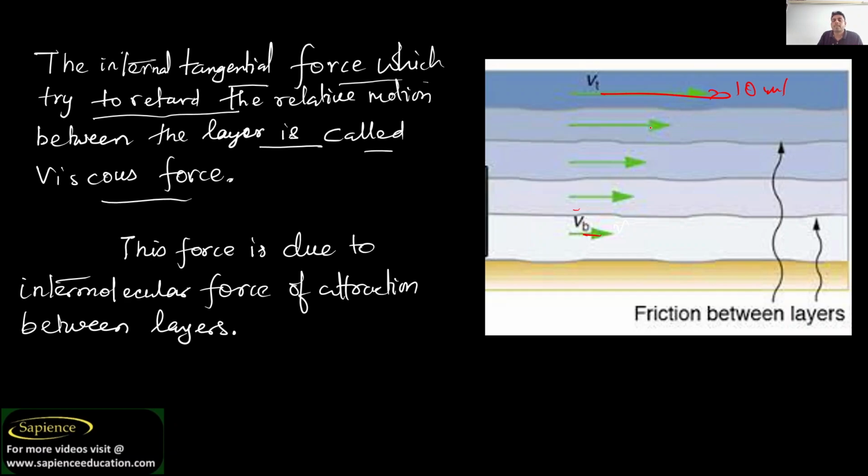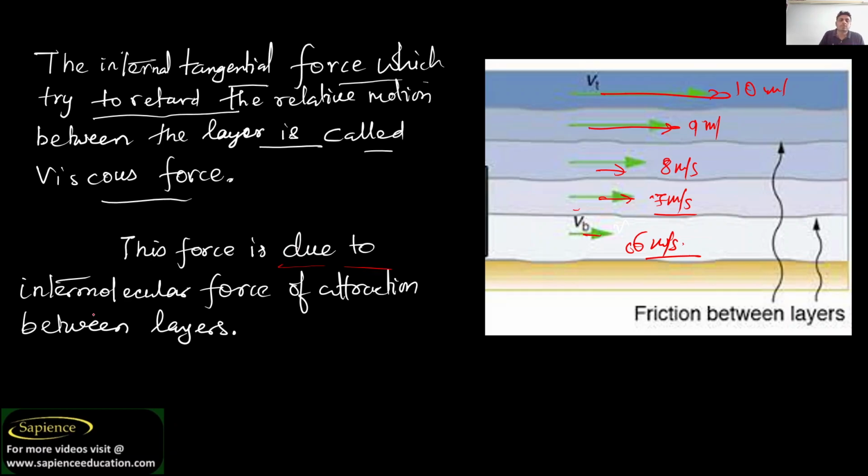Then it is retarded by the next layer and the speed becomes 9 meter per second. After the next layer it becomes 8 meter per second. So its velocity is being retarded, and this retardation happens due to viscous force only.